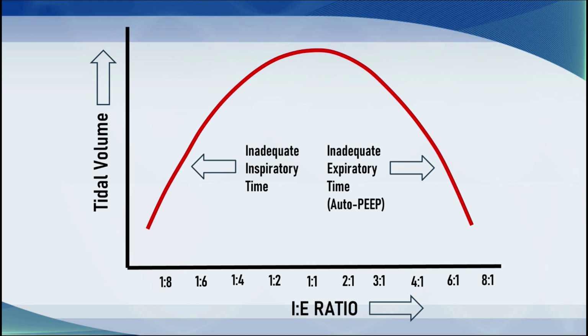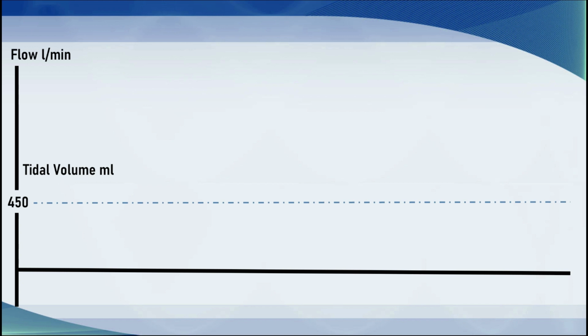Let's just illustrate this. Now on this graphic, on the y-axis we have the flow in liters per minute on the top, and then the tidal volume in mils on the bottom. And you can see there I have 450 mil tidal volume and a line drawn across the screen, and that's our target tidal volume.